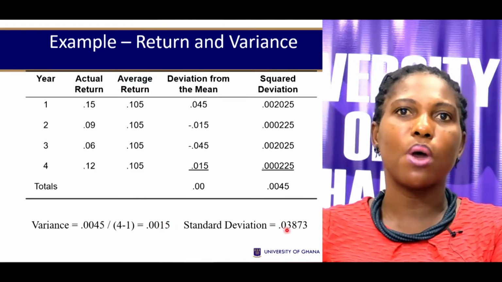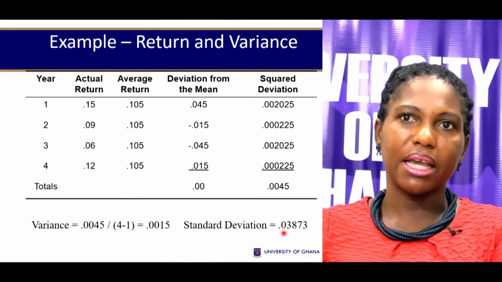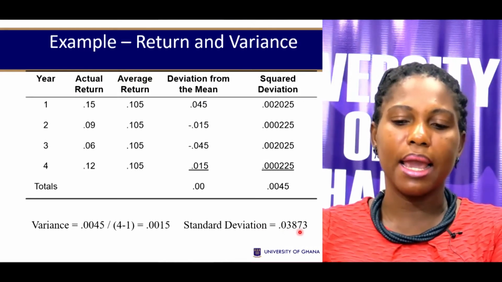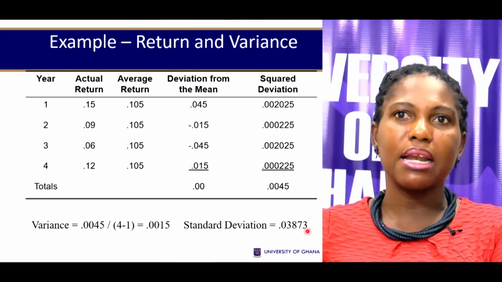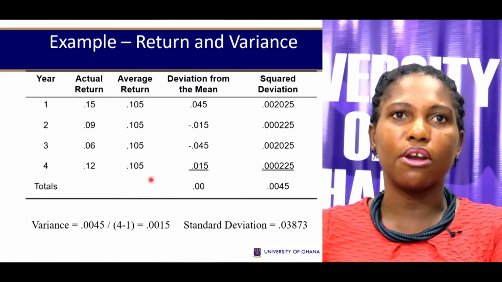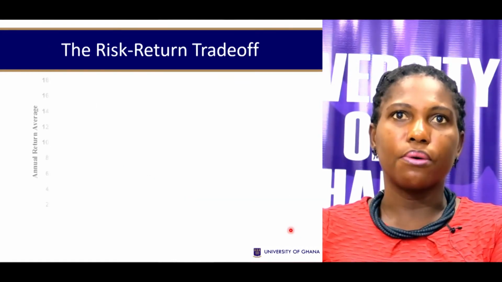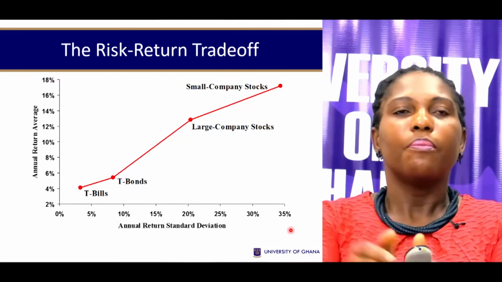When we take the square root of the variance to arrive at the standard deviation, we have 0.0387. And so the standard deviation for such an investment, which has an average return of 10.5, is 0.038.